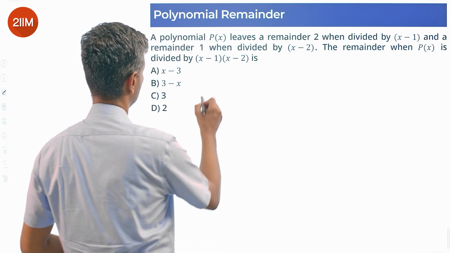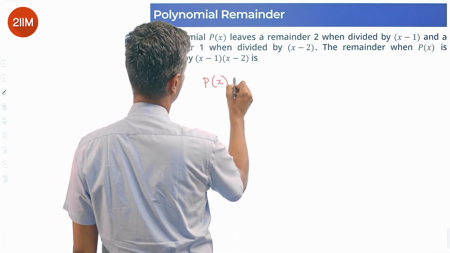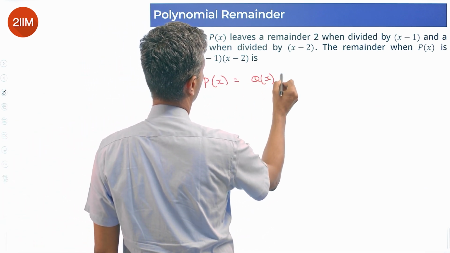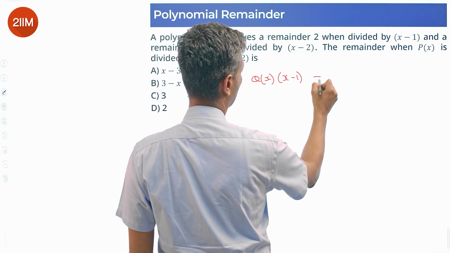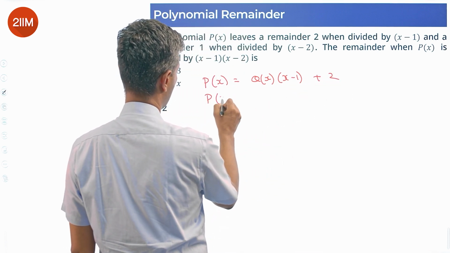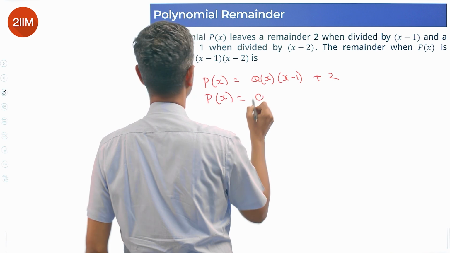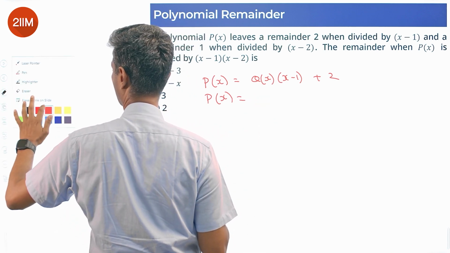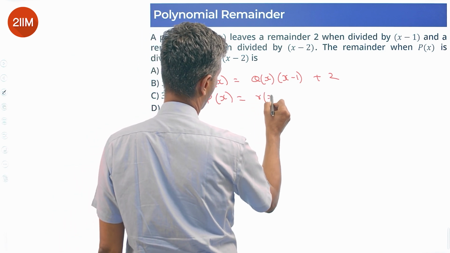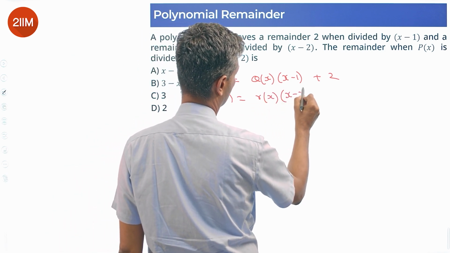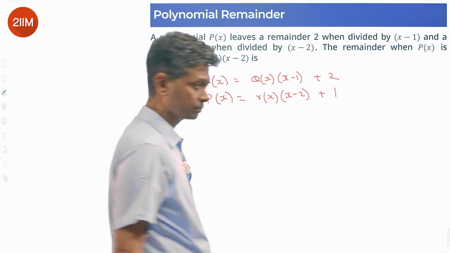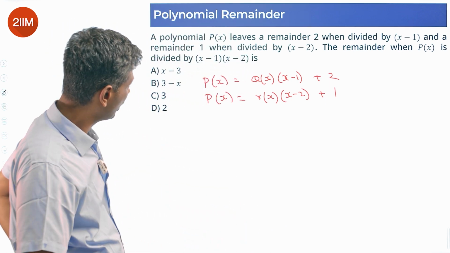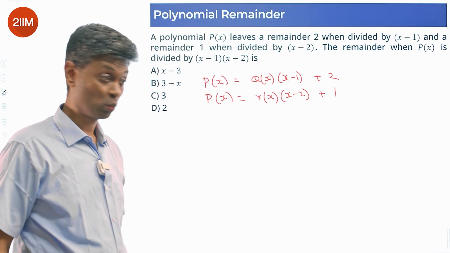Brilliant. So I'm going to rewrite this. P of x is q of x into x minus 1 plus 2. P of x is some r of x into x minus 2 plus 1. Now we need to have x minus 1 into x minus 2. What do we want to do?